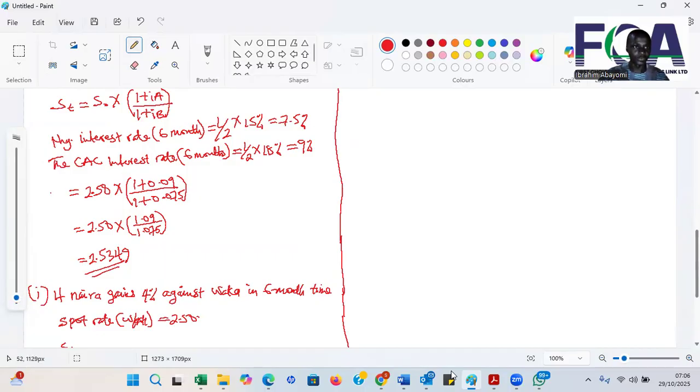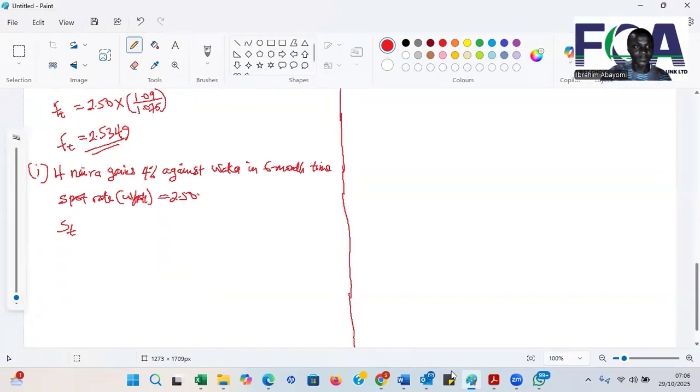So let me put forward rate at that time. So let's use forward rate to know that, and let's use spot rate, which is the actual exchange rate on that particular date. The forward rate is what we predicted to happen in 6 months. But the spot rate will be the actual on that particular date.